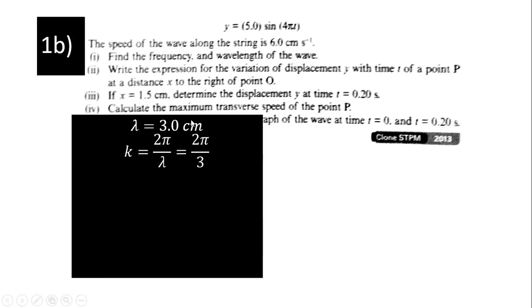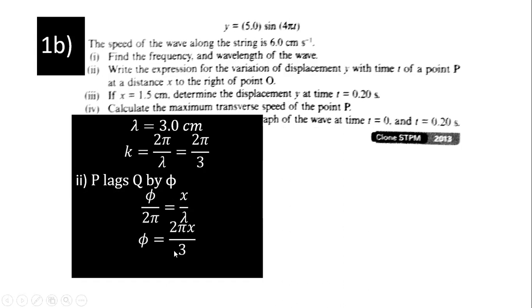So part 1, I've already got the answer. Write down the expression for the variation at a point P, a distance x to the right of O. Okay, calculate your phi. You are told the phase is 2 pi x over 3.